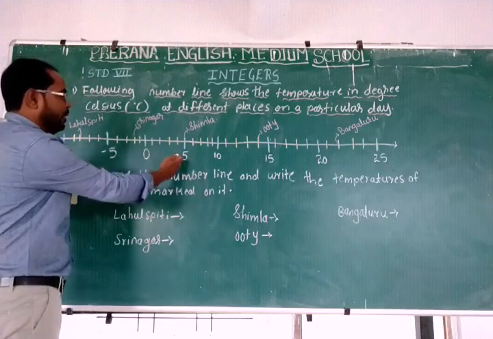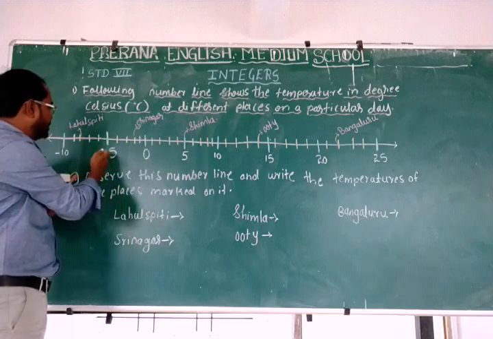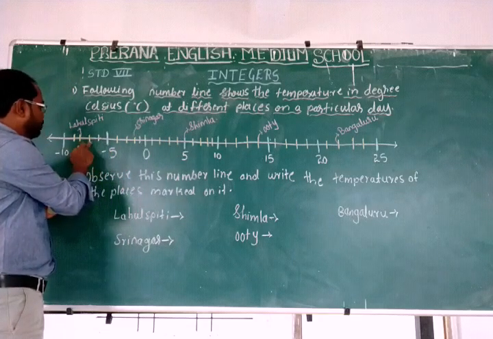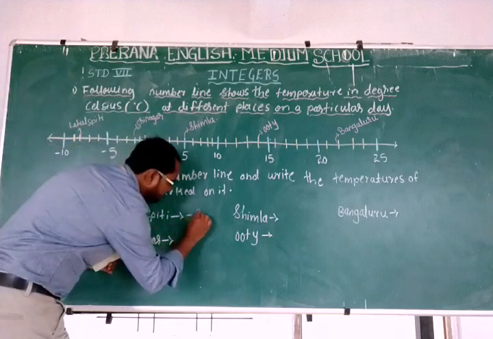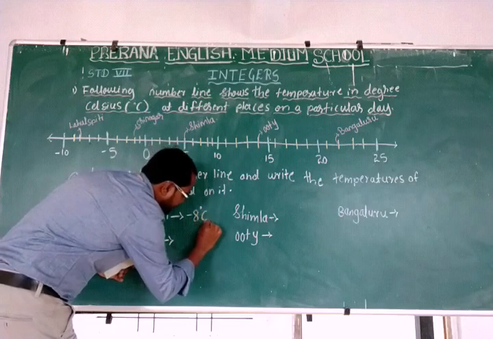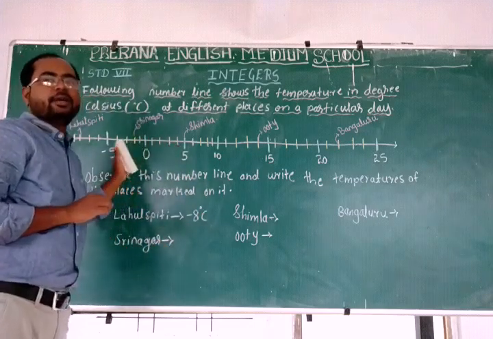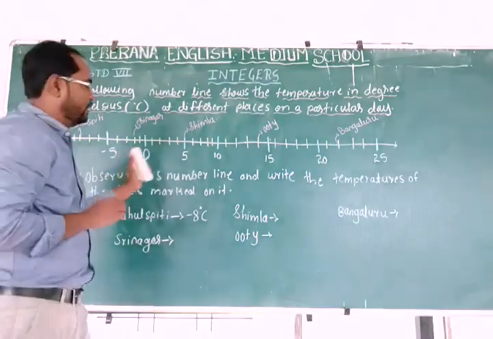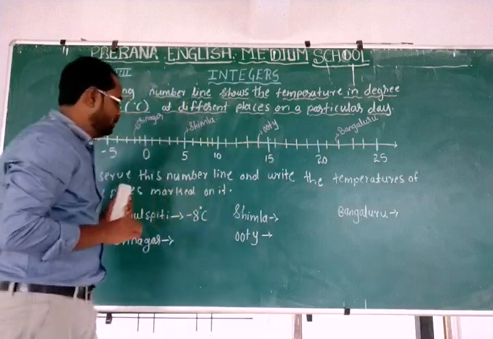See here, you have to start counting from right to the left. So here it is -5, -6, -7, -8. How much is it? -8 degrees Celsius. Because when it is in the minus, you will start the counting from the right hand side. When it is on the positive side, you will go from the left hand side.